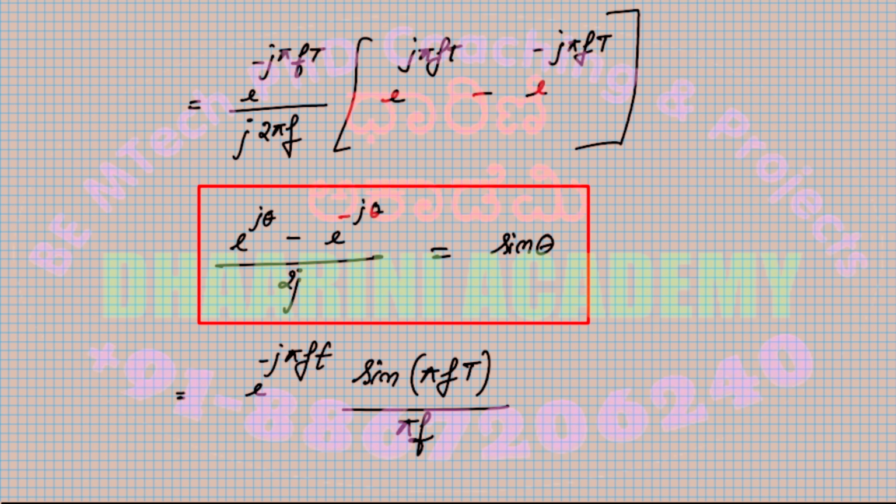You see I don't have a T here, so I multiply by T and divide by T so that I can bring in a sinc function. Sine of pi times something divided by pi times something is a sinc function, right? Sine theta by theta, that's the format.